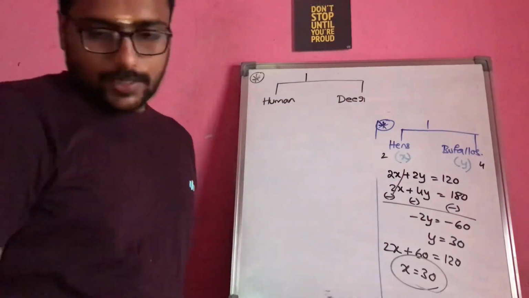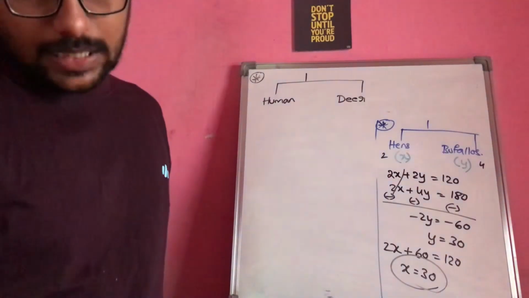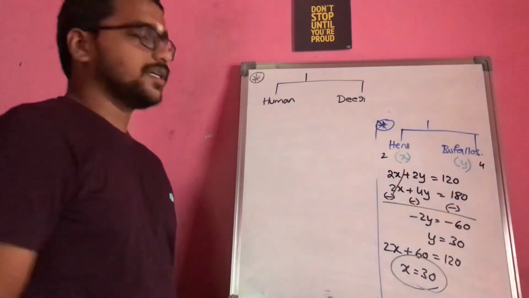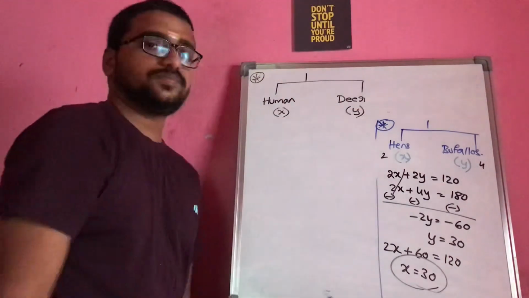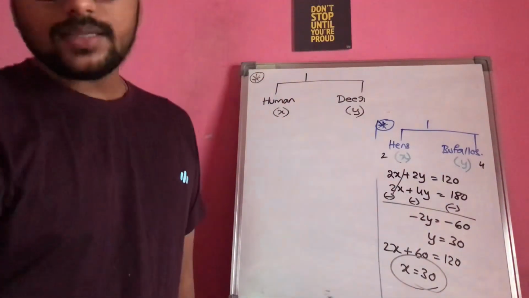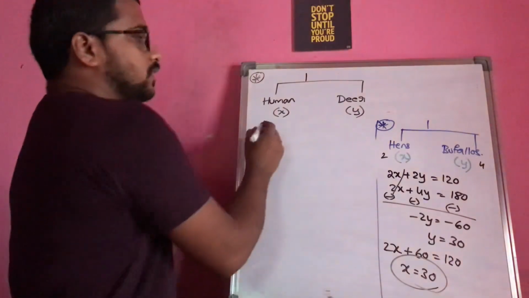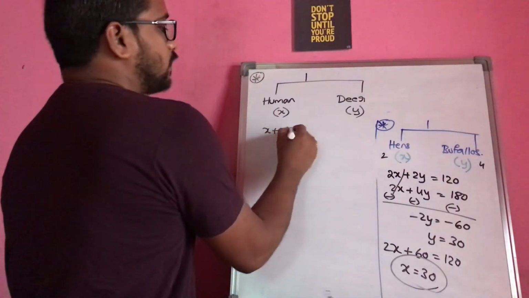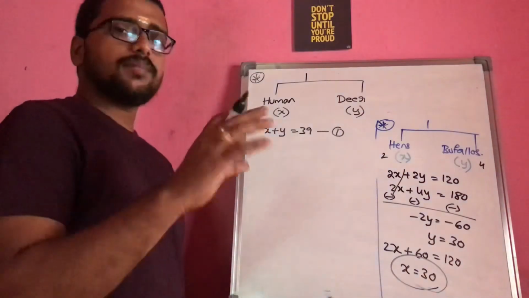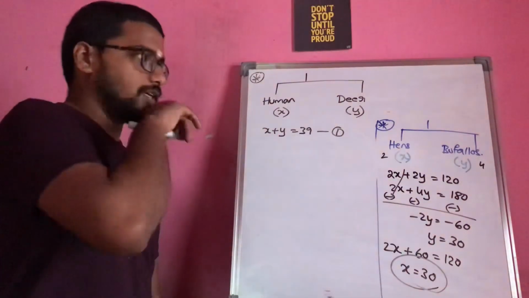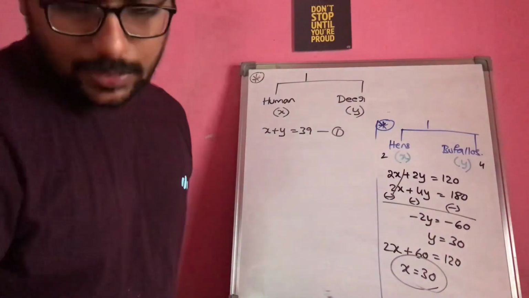Okay. Now see, there were 39 heads and 132 legs. Let us say x humans are there, y deer are there. What they are saying, they got 39 heads. So totally x plus y is equal to 39 is the first condition we are getting, because deer and humans will have only one head each.